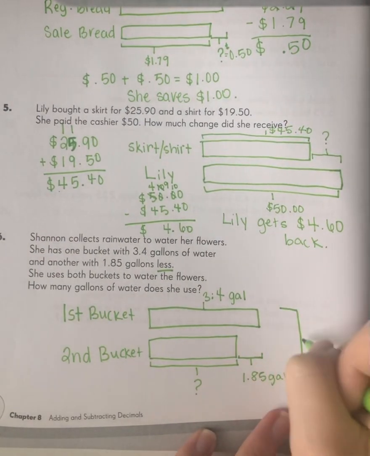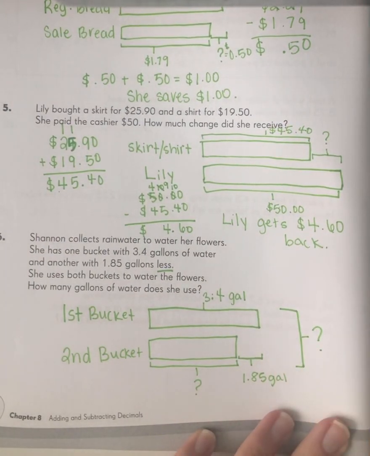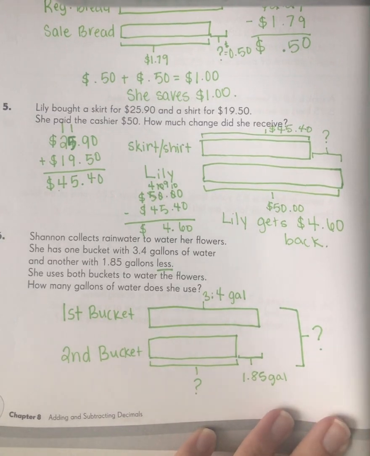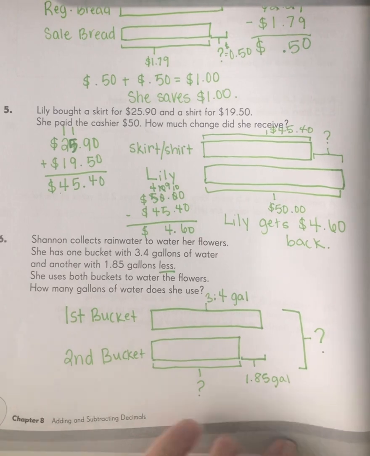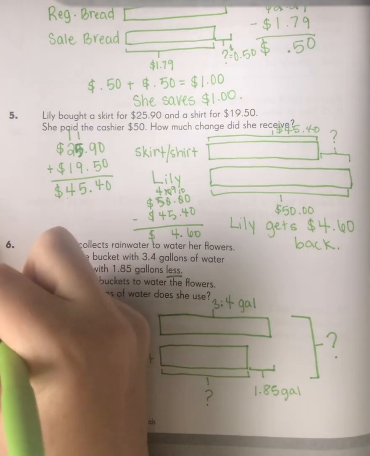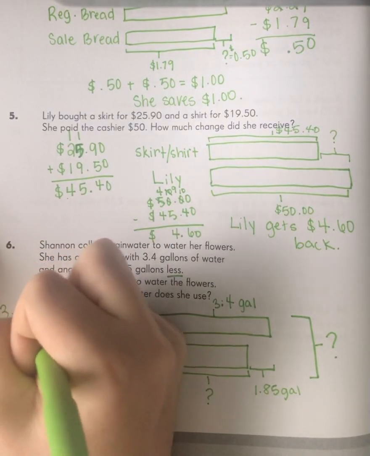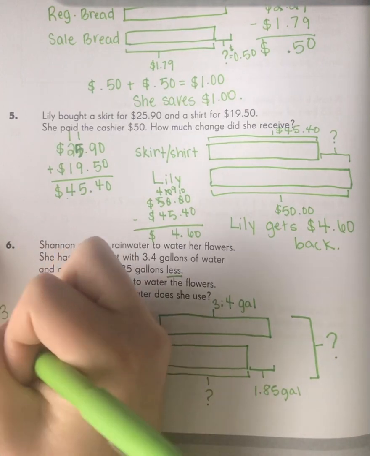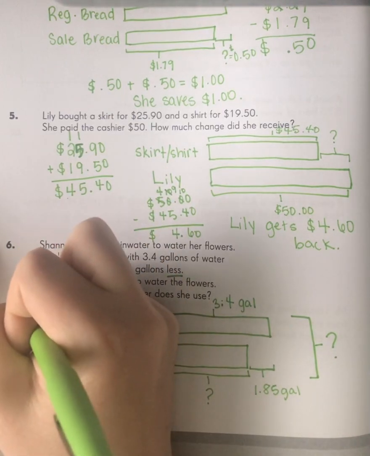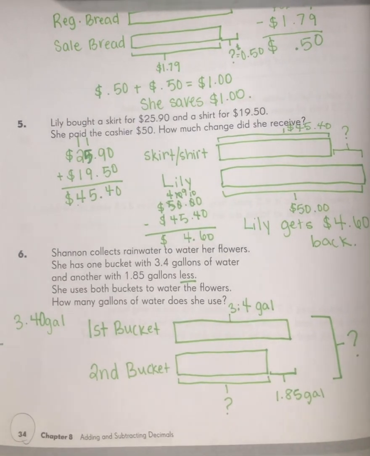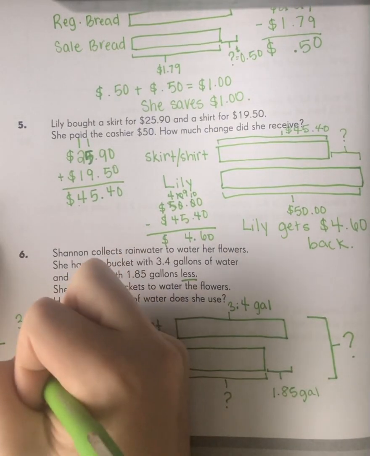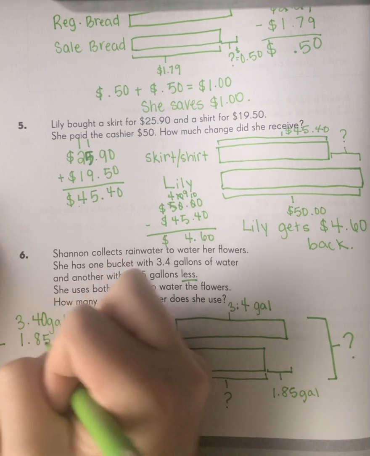They want to know how much she uses total. So this is how I would set up that bar model. First, I need to figure out what the second bucket is. So I would subtract 3.4 gallons minus, I forgot to add a 0, so you need to add a 0. 3.40 gallons minus 1.85 gallons.